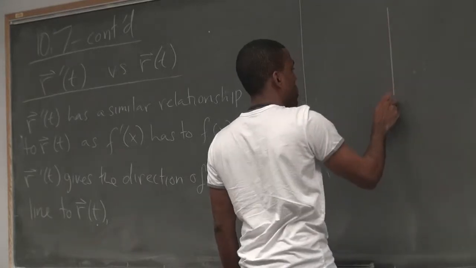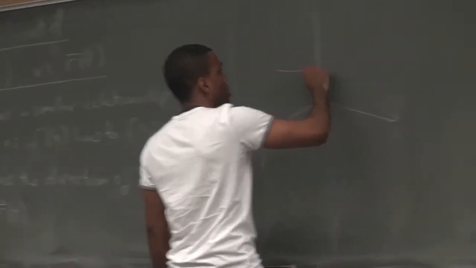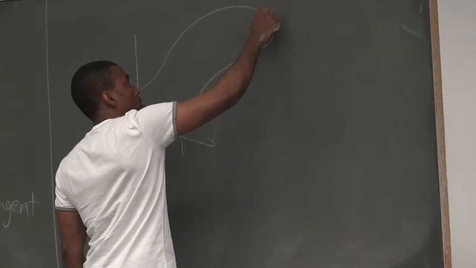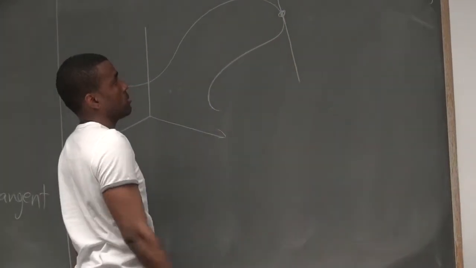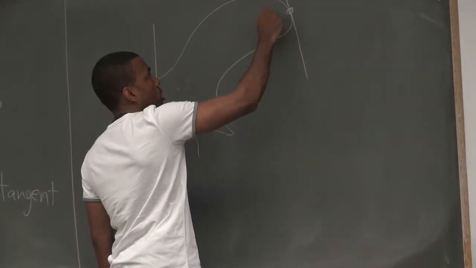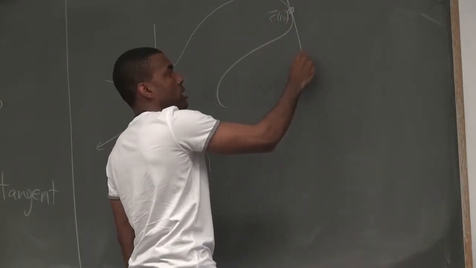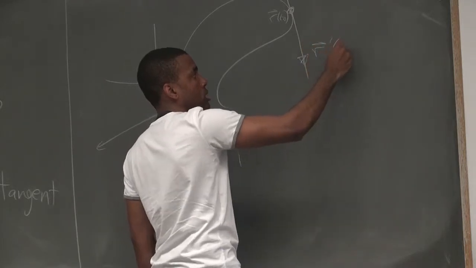So that means if I have a general curve, and at this point, if I draw a tangent line, so this is at the point r of t0, then this direction vector for the tangent line would be given by r prime at t0.